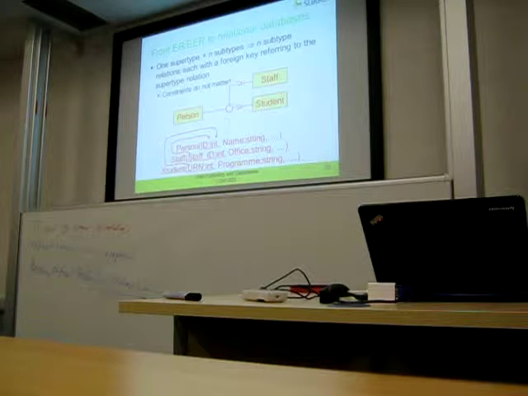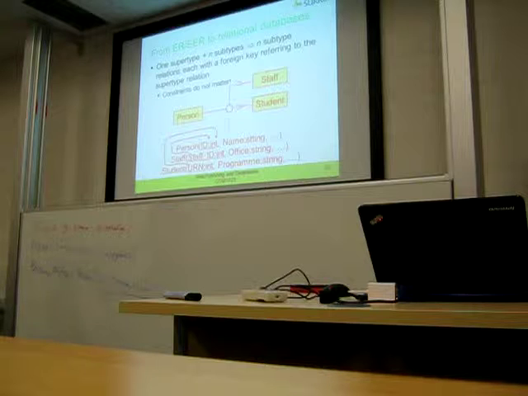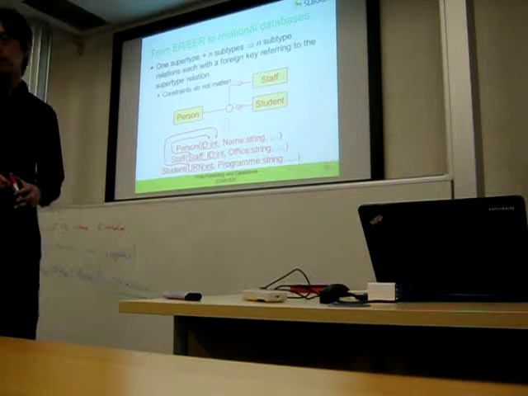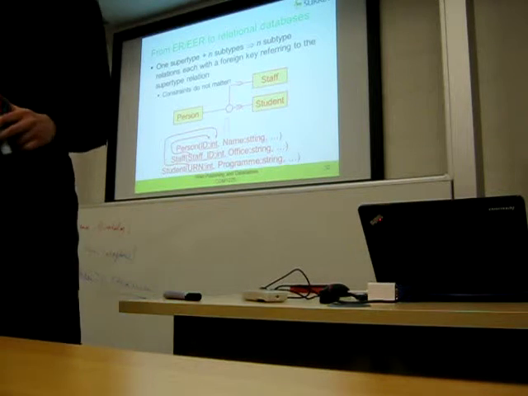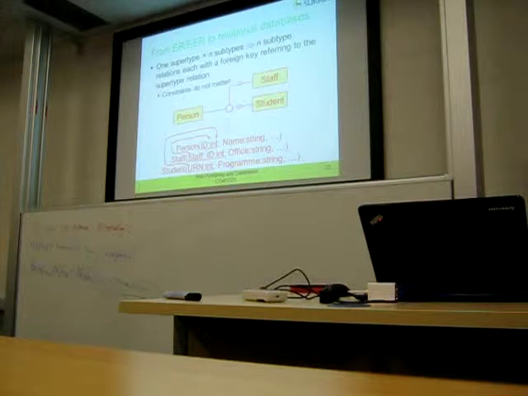Okay, finally, supertype and subtype relationships. If you have one supertype and a number of subtypes and a relationship among them, the rule is pretty simple. For each type, you create one relation as before, and for each subtype, you have a foreign key pointing to the supertype.